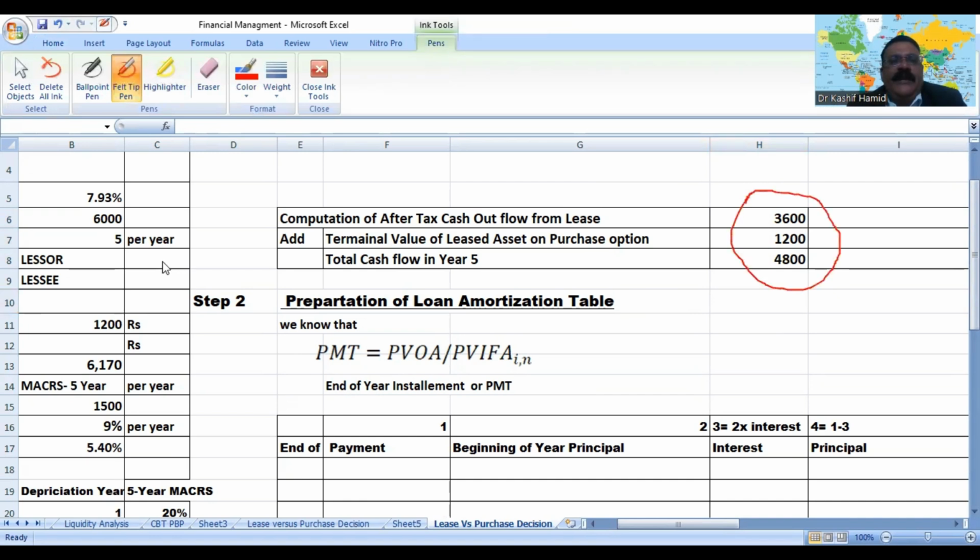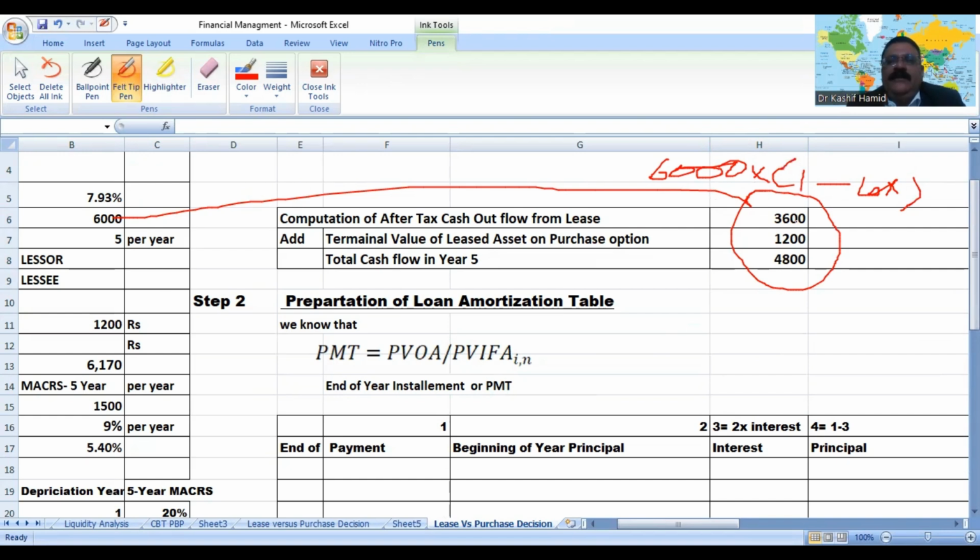The 3,600 is basically from 6,000 multiplied by 1 minus tax rate.